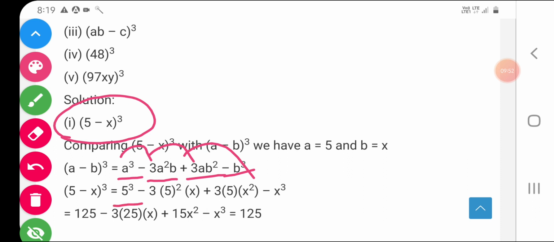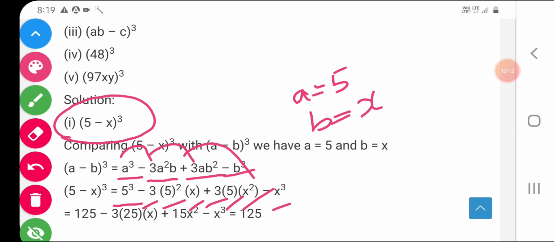Here a cube is 5 cube, minus. We have to take a as 5, b as x. We should not take minus x. Okay. Now a cube 5 cube minus 3 into a square 5 square, b is x, plus 3 into a 5, b square is x square, minus b cube value is x cube.